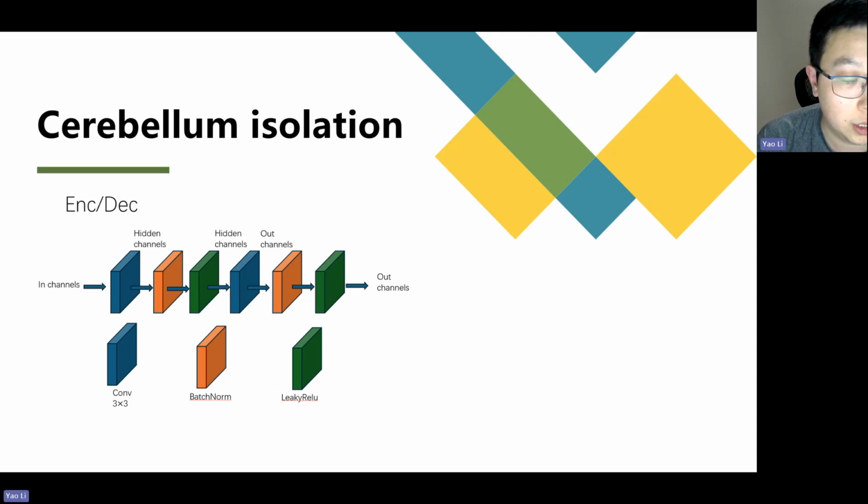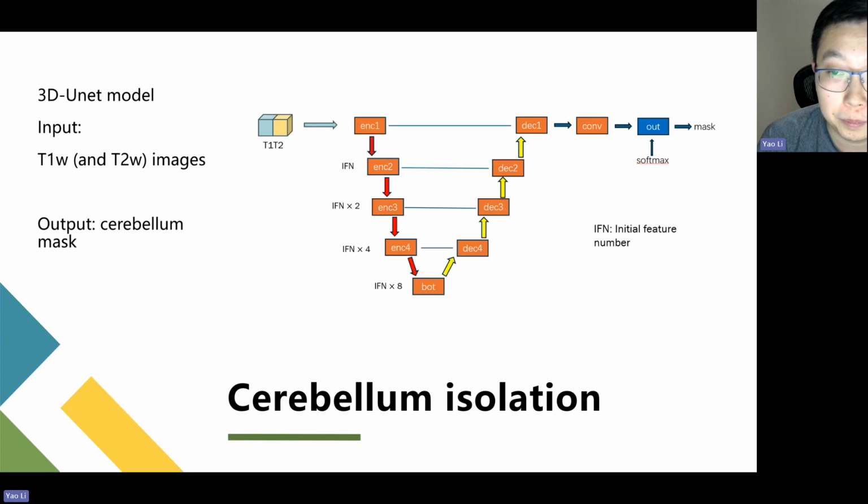This block takes a number of input channels and produces an output with a predefined number of channels. For example, encoder one takes 2 channels in and does the convolution operation twice, producing 16 channels, then 32, and keeps going down until it reaches the bottom.